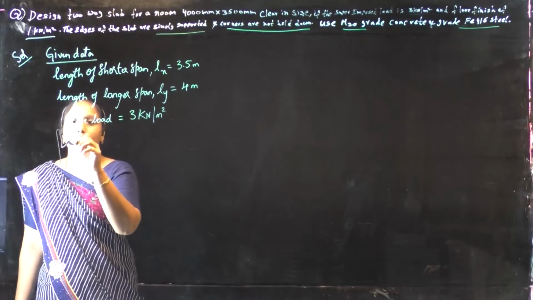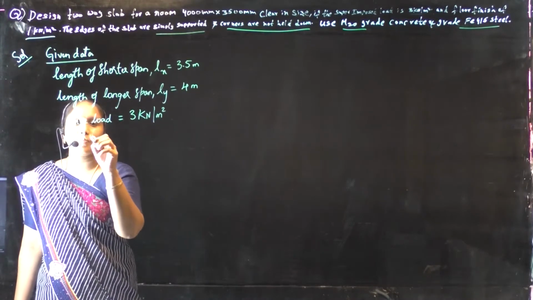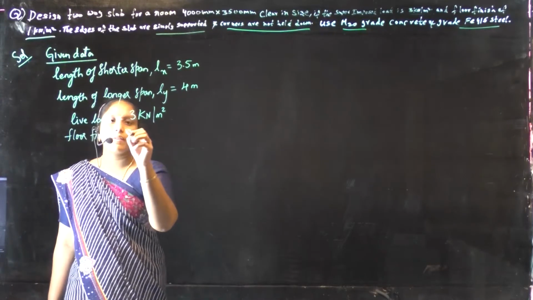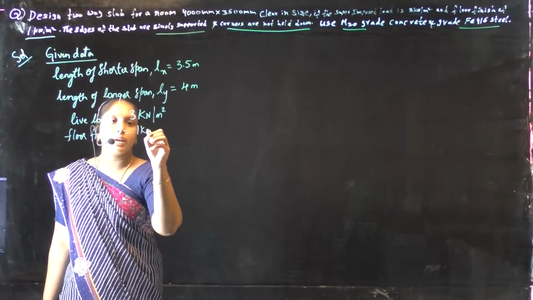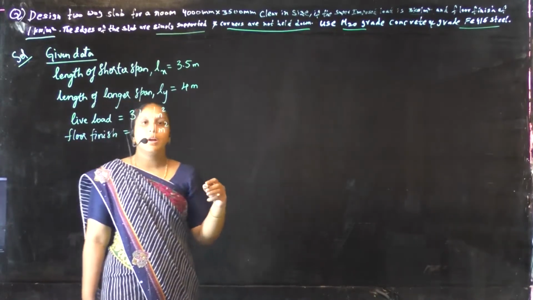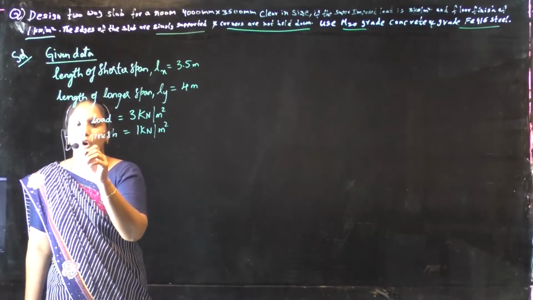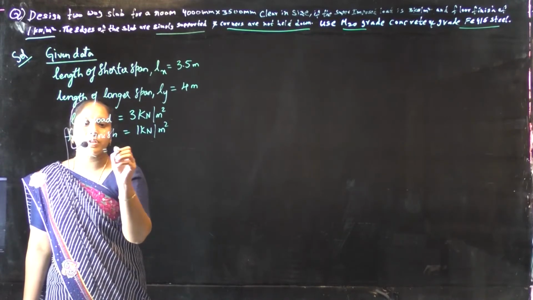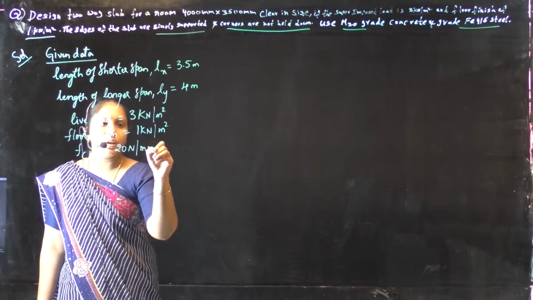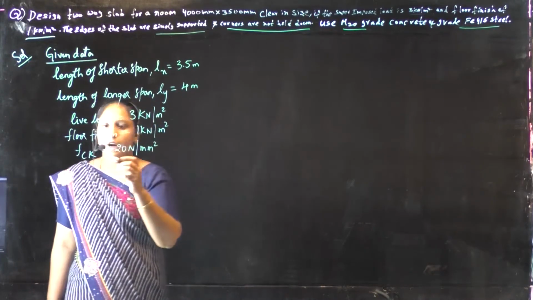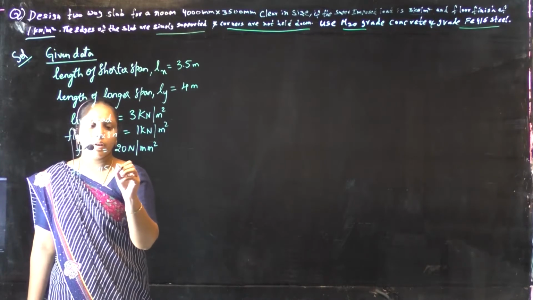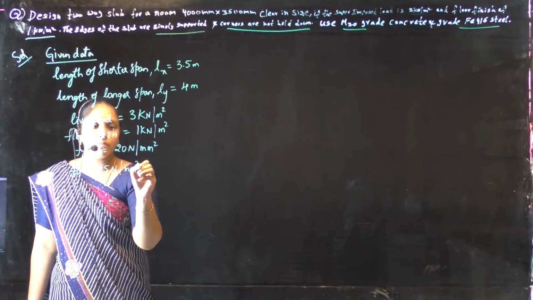And the floor finish is also given here, as 1 kilonewton per meter square. And the grade of concrete is given, which is fck equal to 20 Newton per mm square, and the grade of steel is also given, which is fy equal to 415 Newton per mm square.